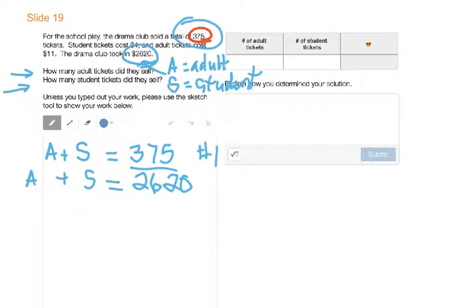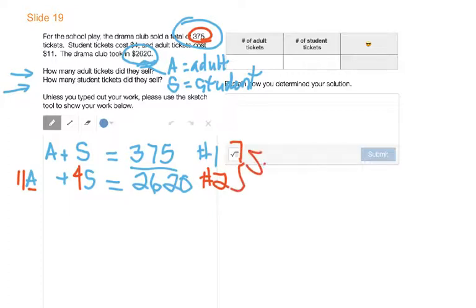Each adult ticket was $11, and each student ticket was $4. So the adult ticket is the A. We know that it was $11, $4 for each student ticket that they sold, and the total that they made was $2,620. This is equation number 2.